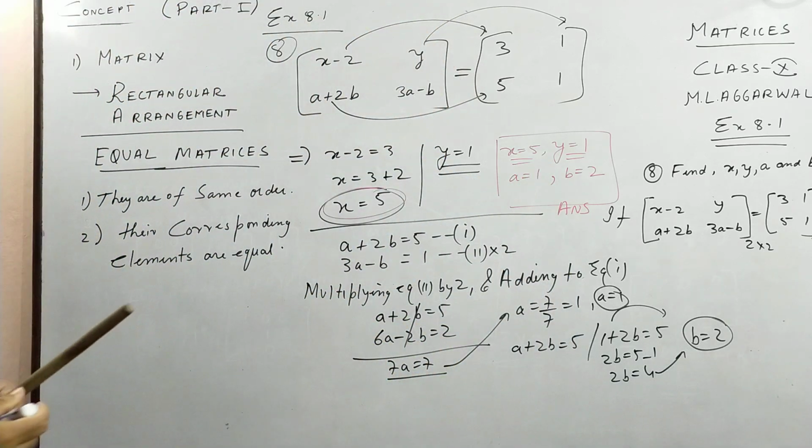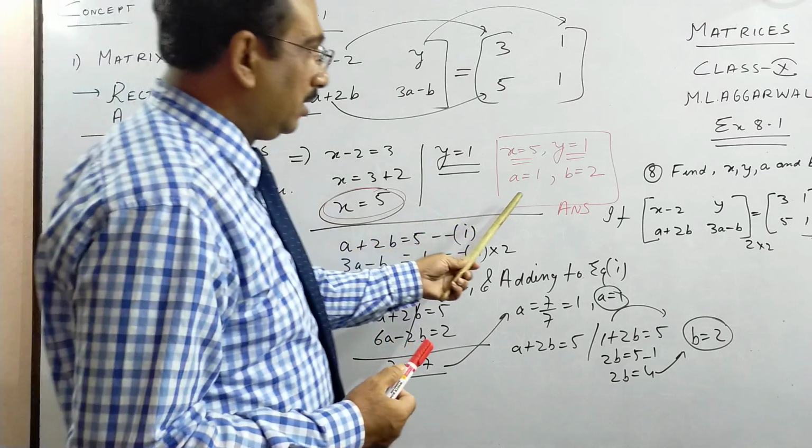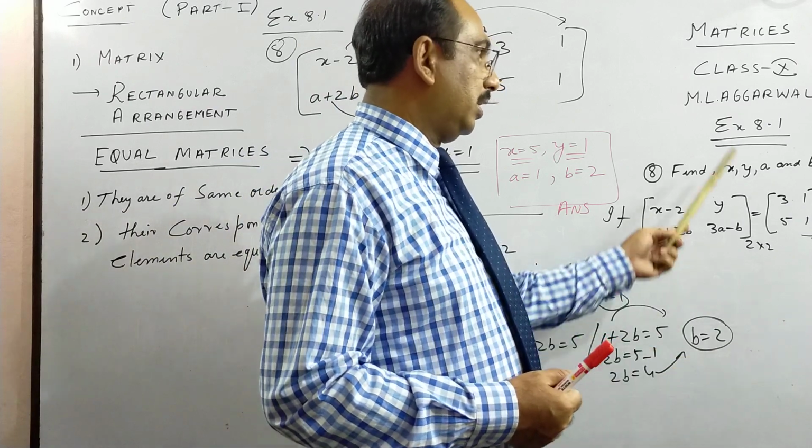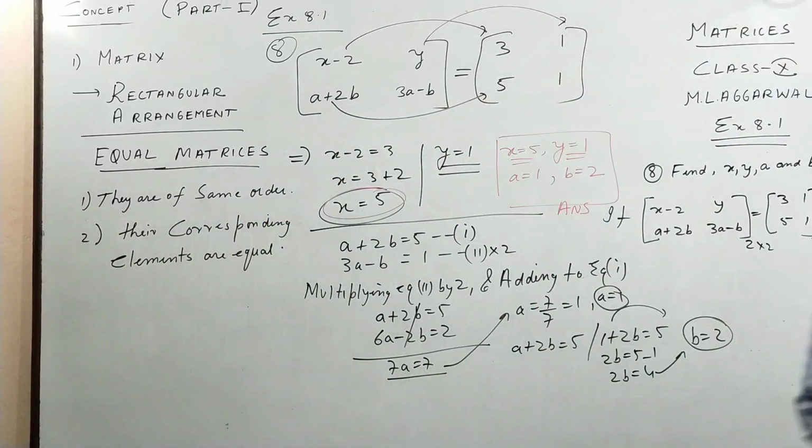So you can pause the video and copy. So the final answer you write here, and there are many good questions in exercise 8.1. Please copy this and do all those questions from exercise 8.1, solved and unsolved examples. Thank you boys for watching.